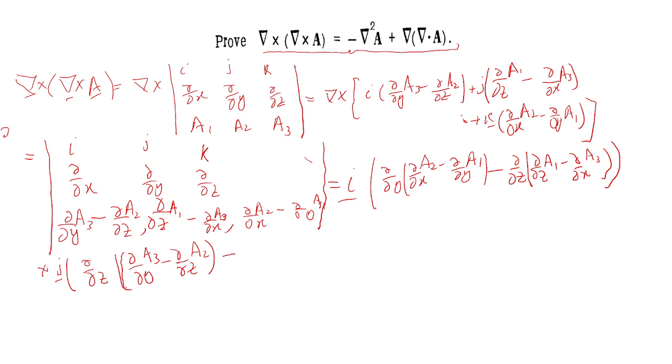And here is a negative sign, partial by partial x on this component, that is partial A2 by partial x minus partial A1 by partial y. So that is for the j.